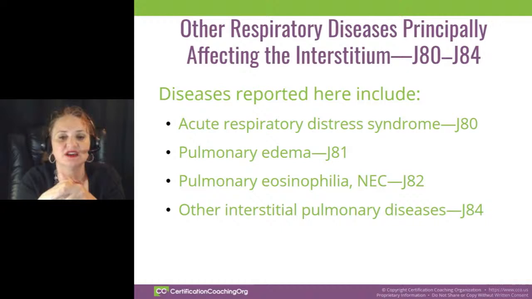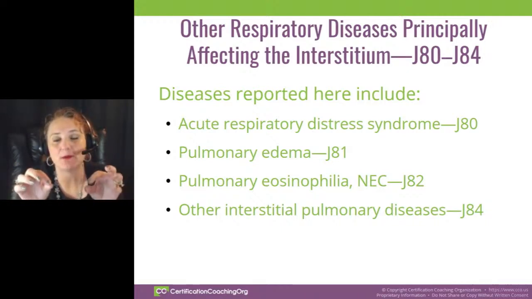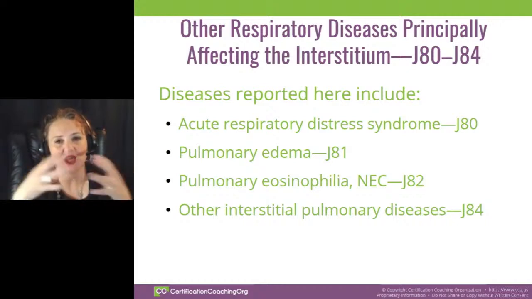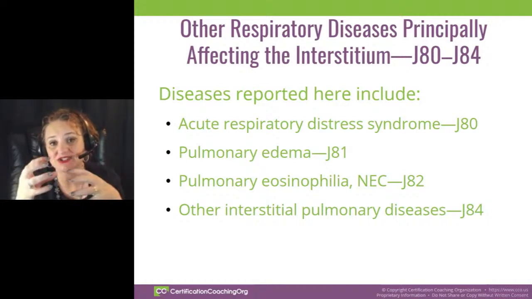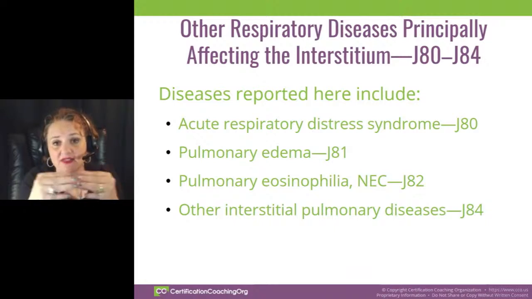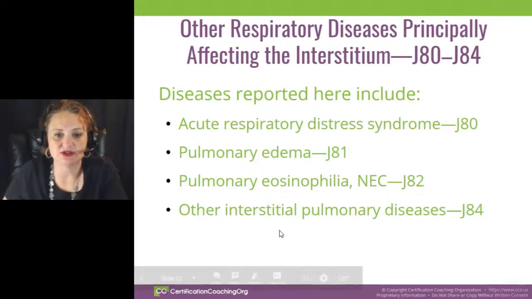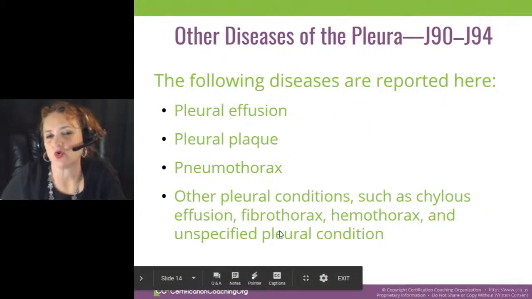Pulmonary eosinophilia, which has to do with the blood. Your blood components are affecting it. And remember, we have that transition of oxygen from the lung at that tiny level, the alveoli, and it's being transported through the blood. And then other interstitial pulmonary diseases. So that means they're listed, but we don't have a code for them.